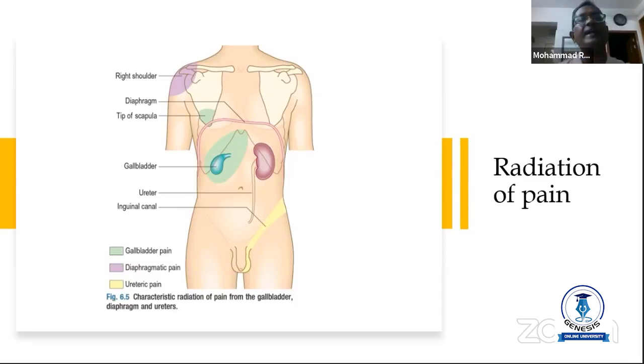And in gallbladder problems, you will also find pain in the lower part of the tip of the scapula. In case of splenic rupture, you will find pain in the left shoulder. And in renal colic or ureteric obstruction, you will find pain from loin to groin, radiating to the genitalia.